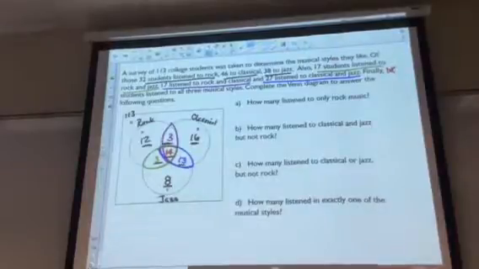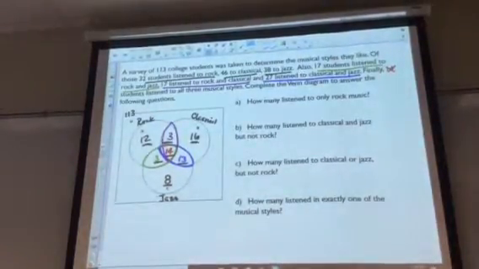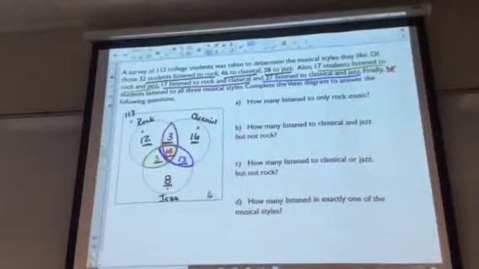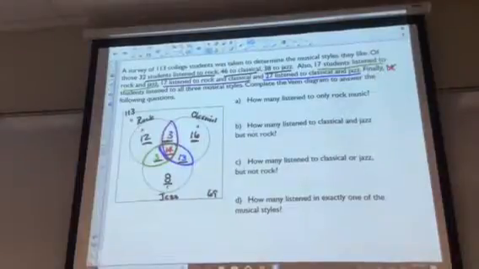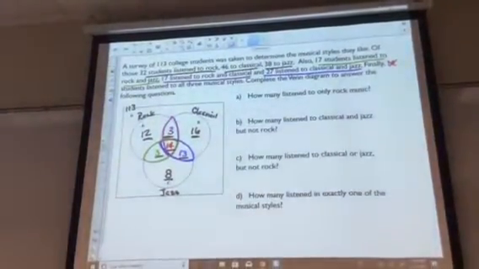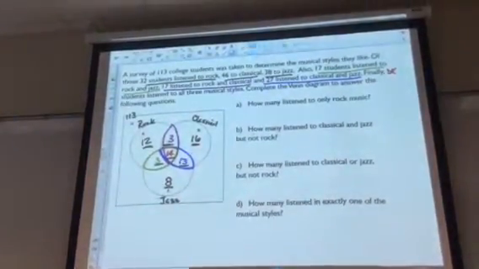There's 6, so 56 and 13. How many do I have? 65? 69. 69 altogether. So 69 altogether, we have 113 total, so that should leave us with 44.